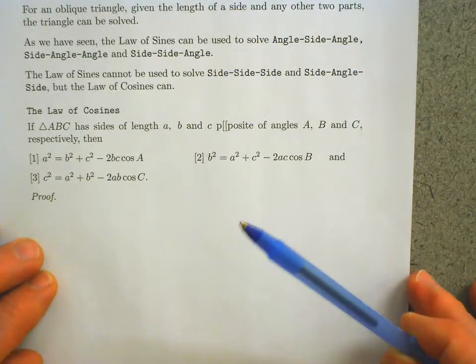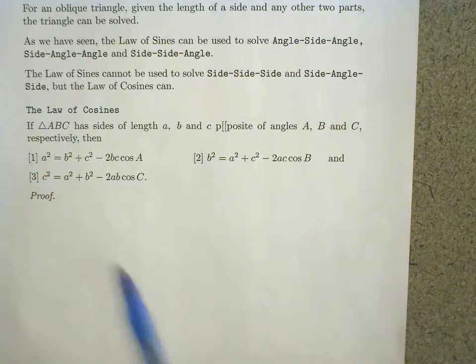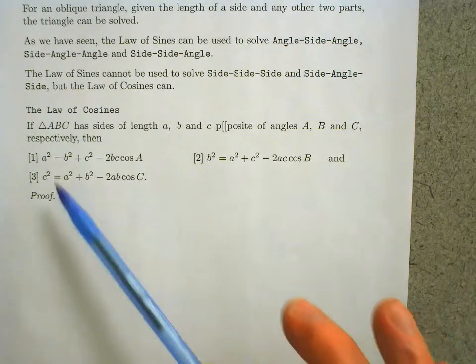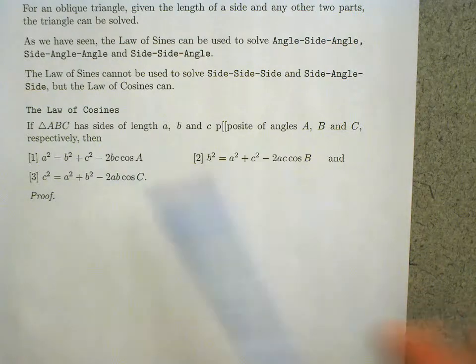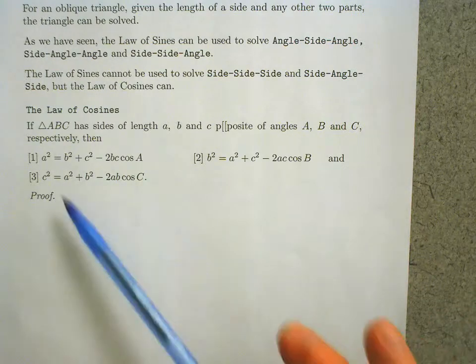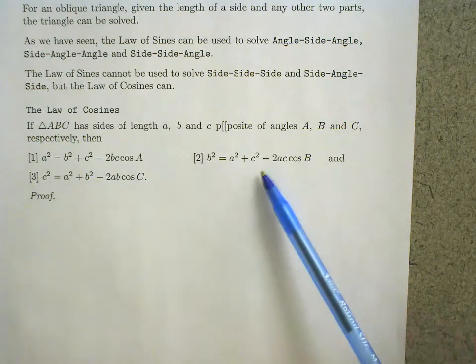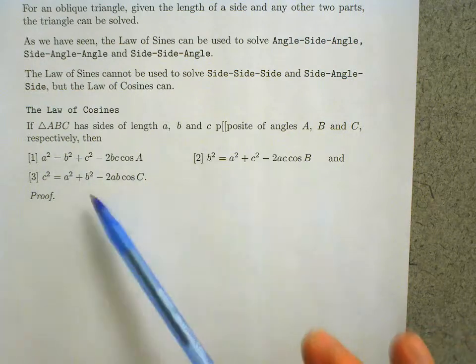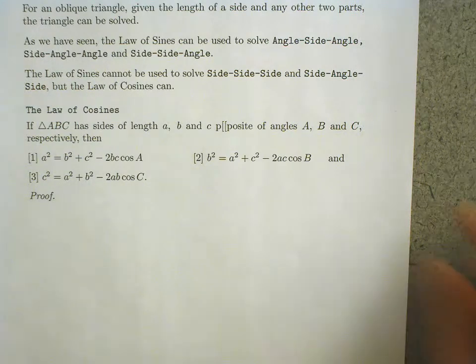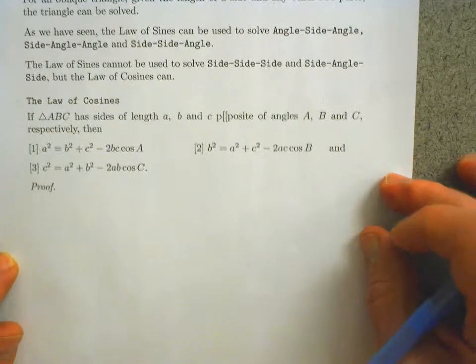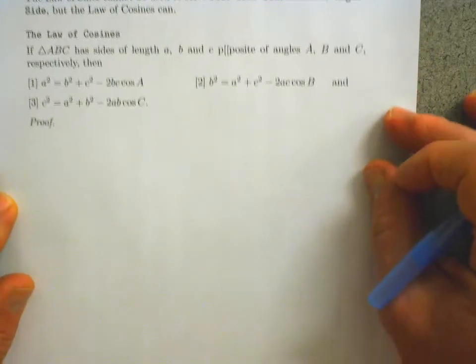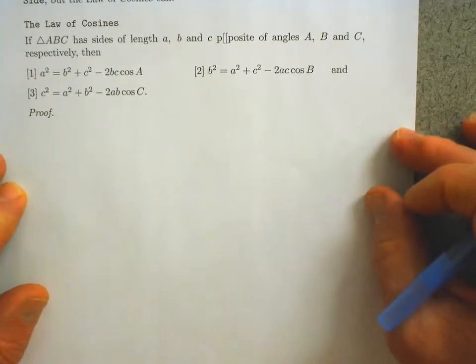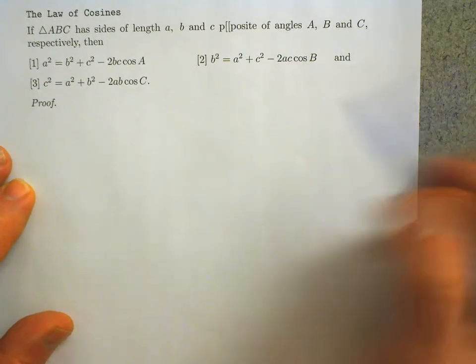So these might seem sort of complicated, but if you review those formulas, they each follow the same pattern, and that can help you remember what the law of cosines says. So I'll see if I can remember how to prove the law of cosines.